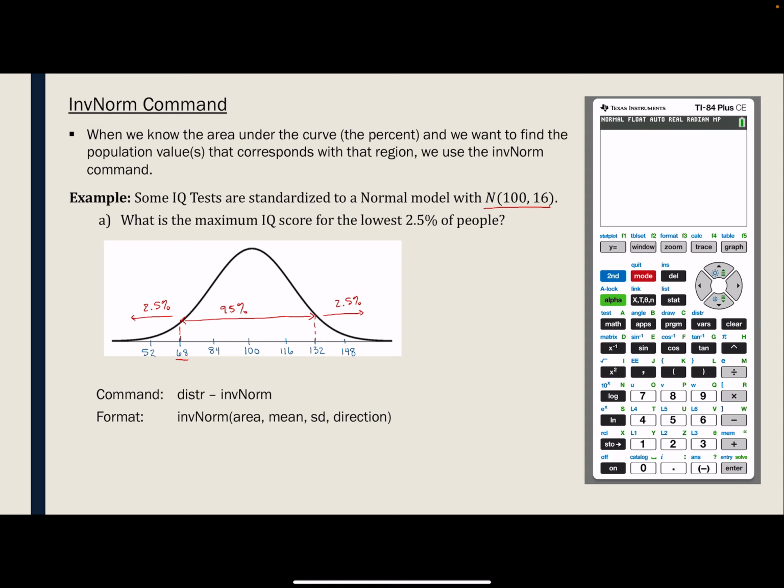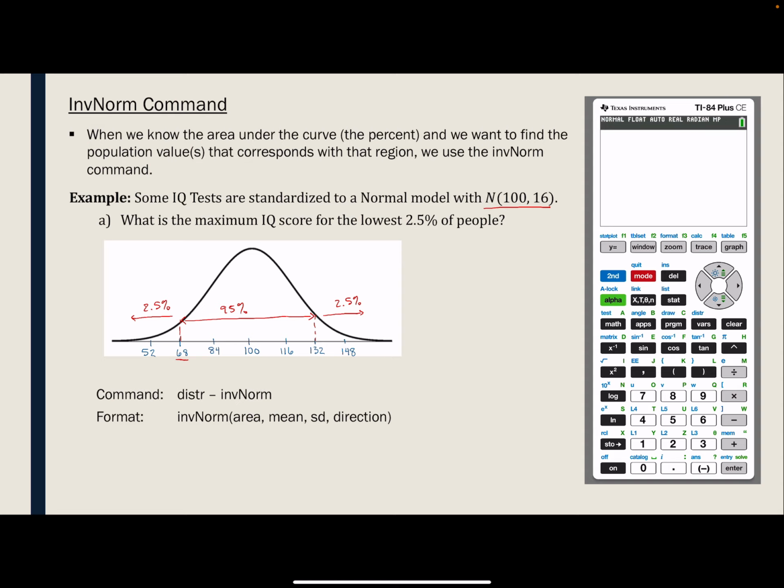The only trick here with this command is it's different if you have the newest calculator than if you have one of the older versions of this calculator. So I have a video here using the new calculator, but on the next slide, I do an example where I use one of the older calculators.